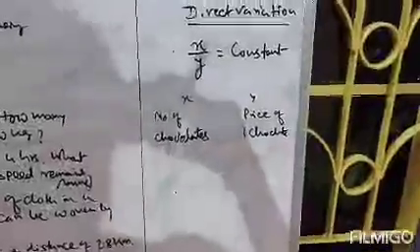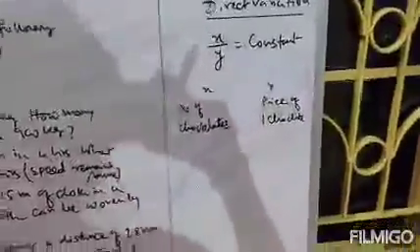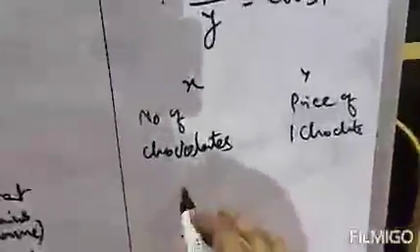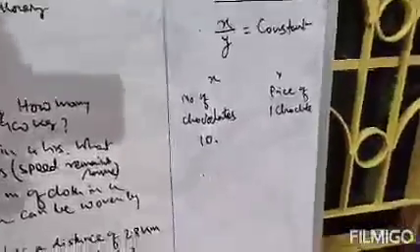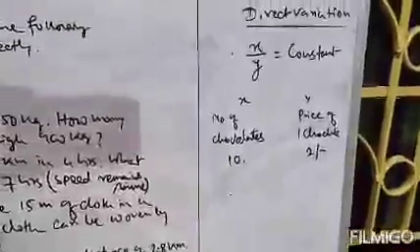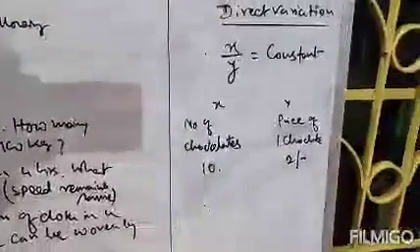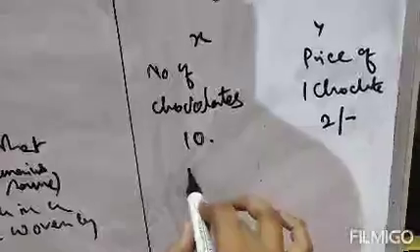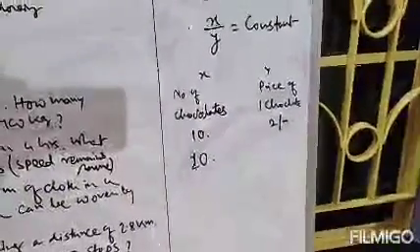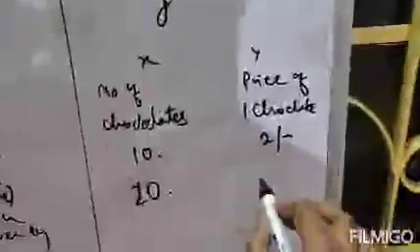Now if the number of chocolates increases, suppose you go to a shop and you buy 10 chocolates, and the price of one chocolate is 2 rupees. The next day, you again go to the shop and buy 20 chocolates. Then the price of one chocolate will be 2 rupees again.